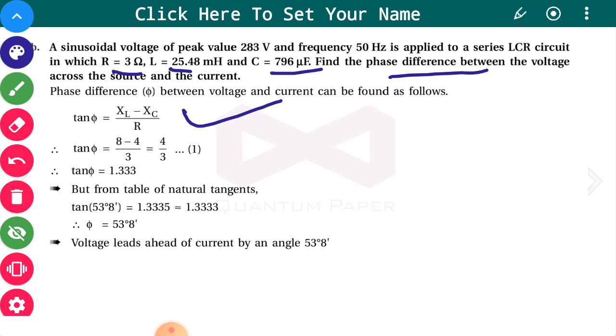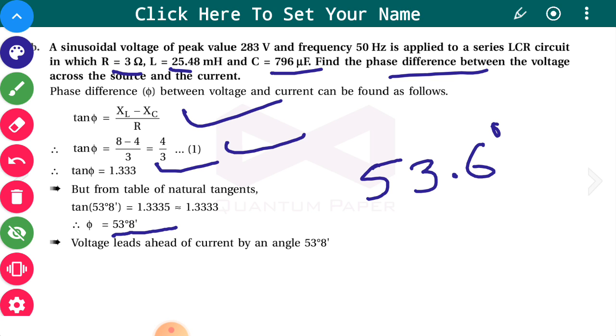Tan phi is XL minus XC upon R. We just place the values, look into the natural tangent table, and you will get phi to be about 53.1 degree in decimal.